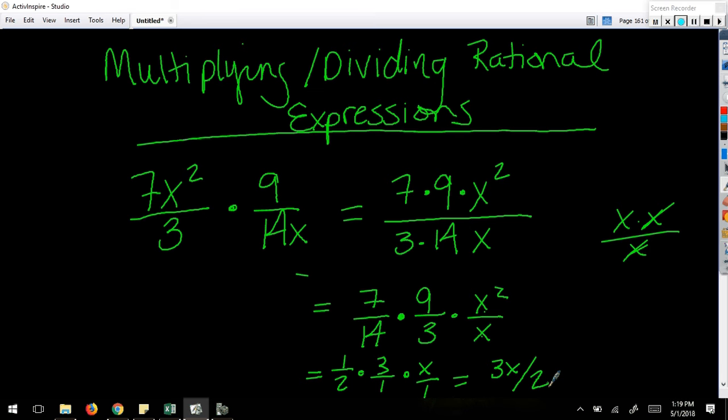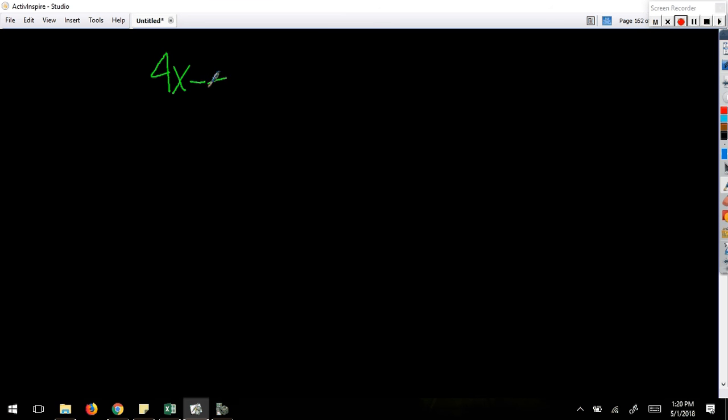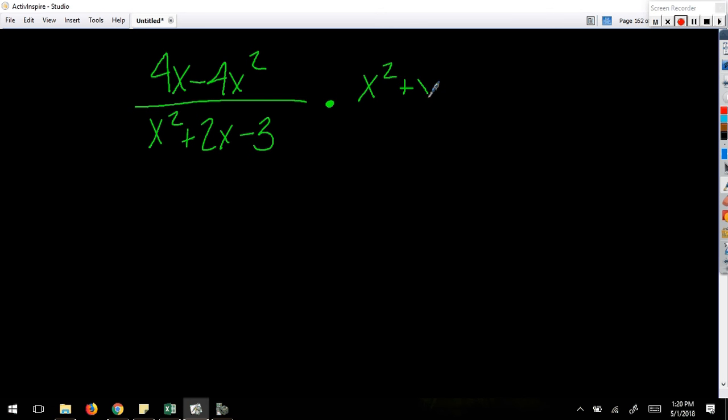However, when we talk about rational expressions, we can really start to get complex. Let me show you exactly what I'm talking about. Maybe I have 4x minus 4x squared over x squared plus 2x minus 3, and to that, I'm going to multiply x squared plus x minus 6 over 4x.